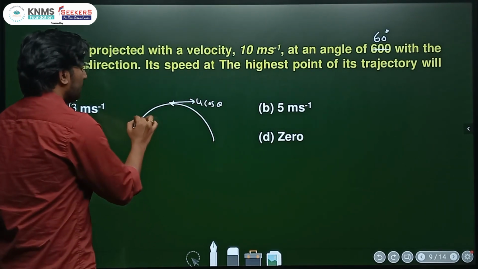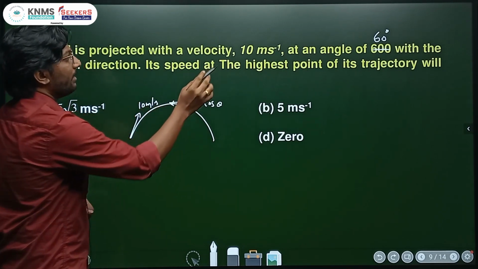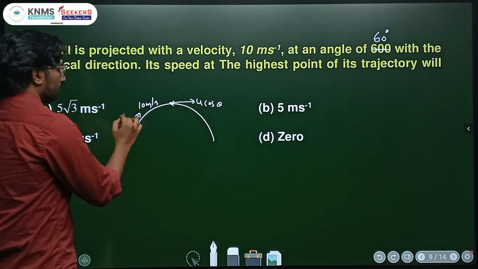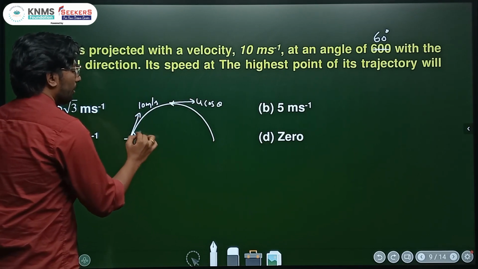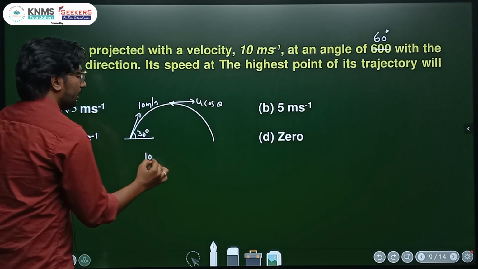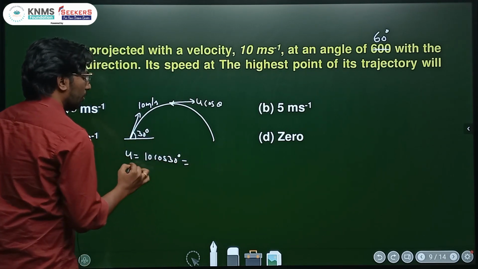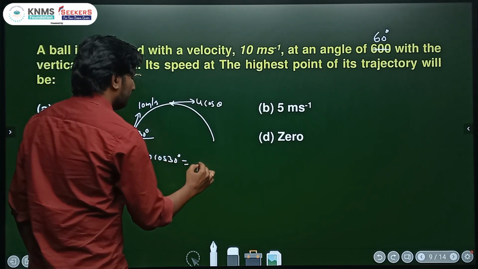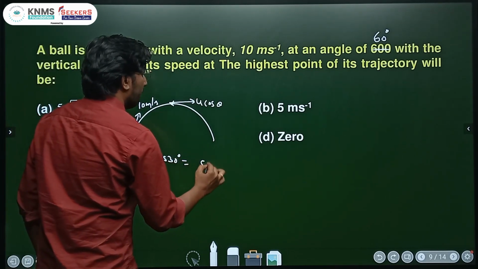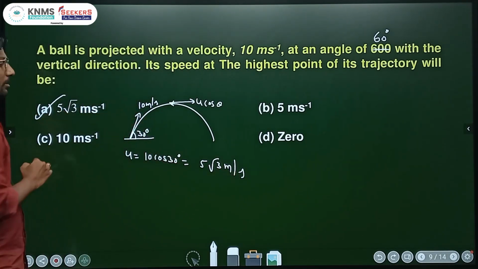The projectile is projected at 60 degrees with the vertical, which means with the horizontal the angle is 30 degrees. So 10 cos 30 is the velocity at the highest point. Cos 30 is root 3 by 2, so 10 into root 3 by 2 is 5 root 3 meters per second, which is option A.